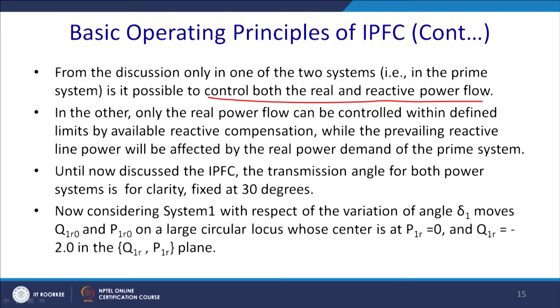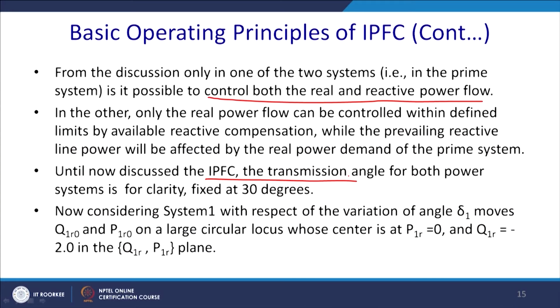On the other hand, only real power flow can be controlled within defined line limits by available reactive power compensation, while the prevailing reactive power will be affected by the real power demand of the primary system. And we have seen that the chord was sinking as we tried to supply more and more real power from one system to another system.